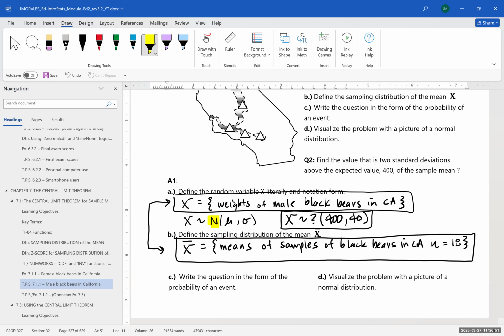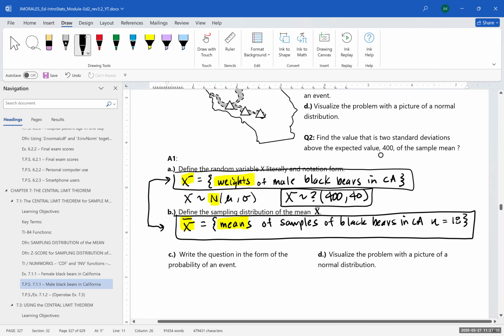All right. And so what's the difference? Capital X is composed of individual weights of black bears. Capital X bar is composed of means from multiple samples.